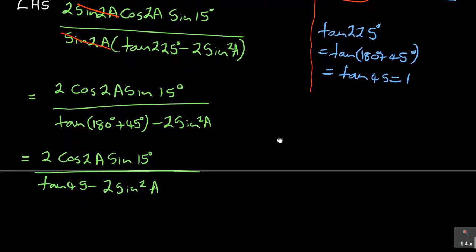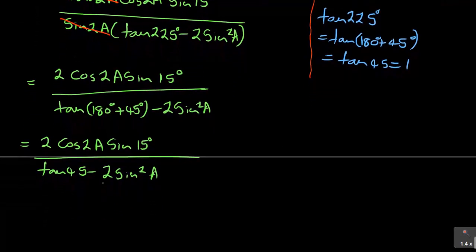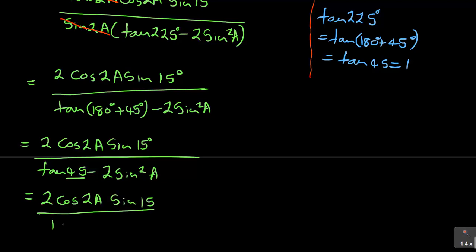Again, you're continuing now to state that this is 1 because this is now a special angle tan 45, which is 1. So 2 cos 2a sin 15 over 1 minus 2 sin squared a.